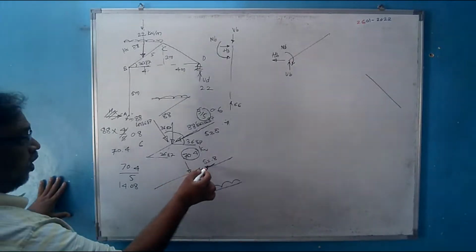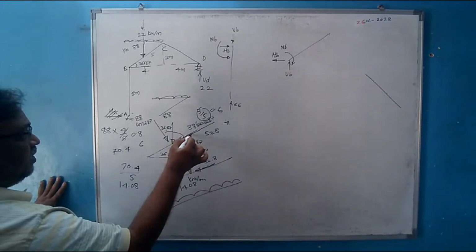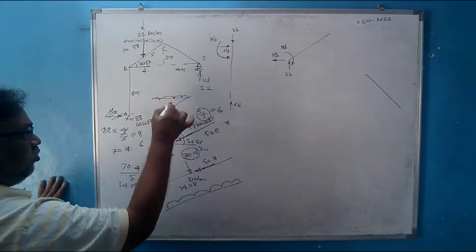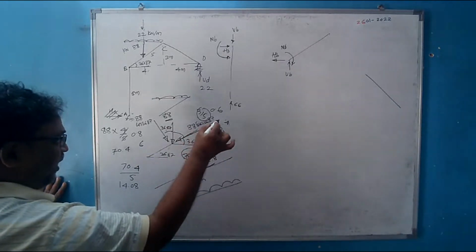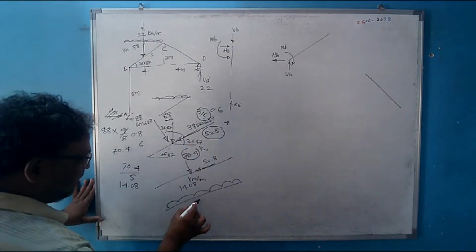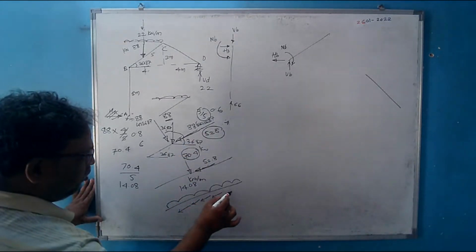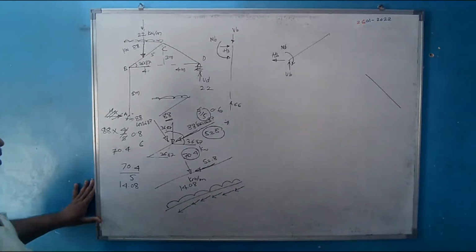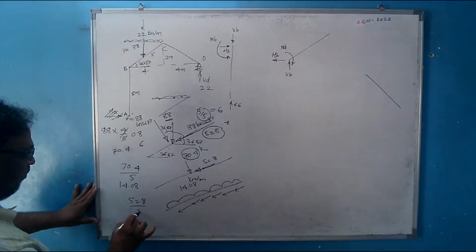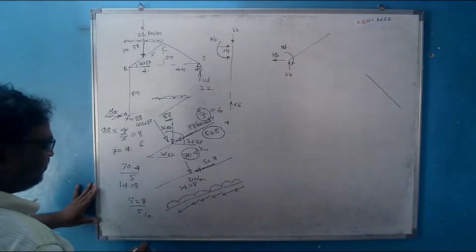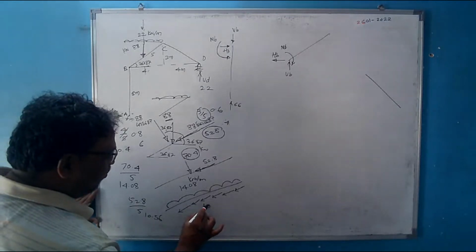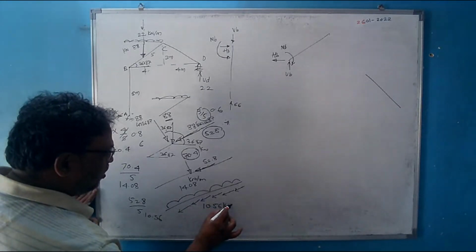And the 52.8 that came is because of this component. The 88 that came was because of the UDL, the uniformly distributed load. It means that this 52.8 should also be distributed in total from here to here, acting down, so I will sketch it this way. It is a uniformly distributed load acting along the member. 52.8 is acting on a span of 5 meters, so it is 52.8 divided by 5, which must be 10.56 kilonewton per meter.